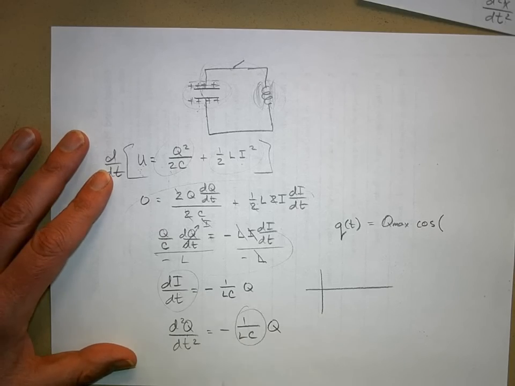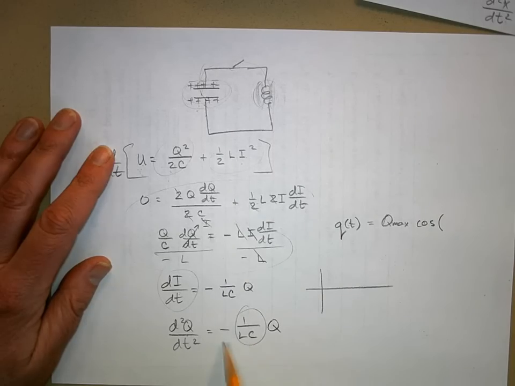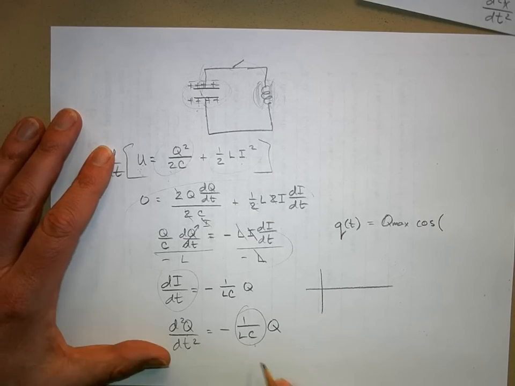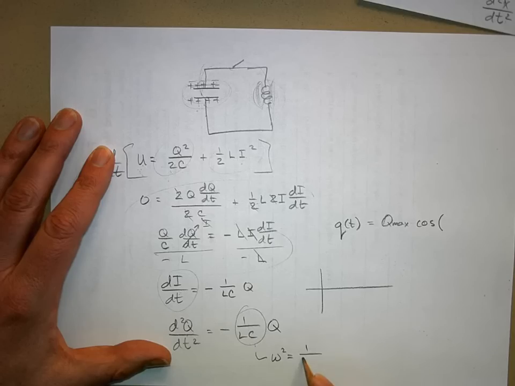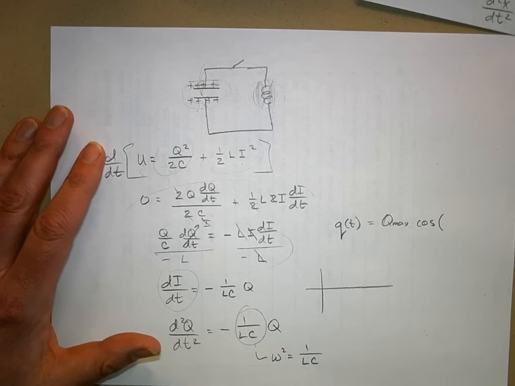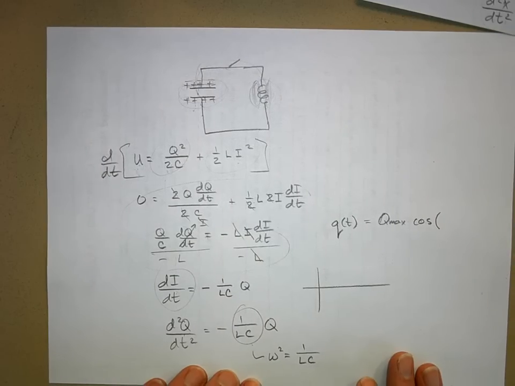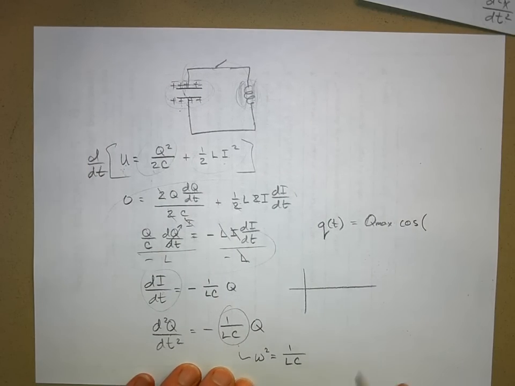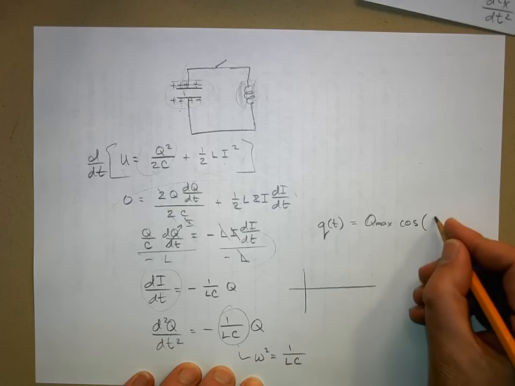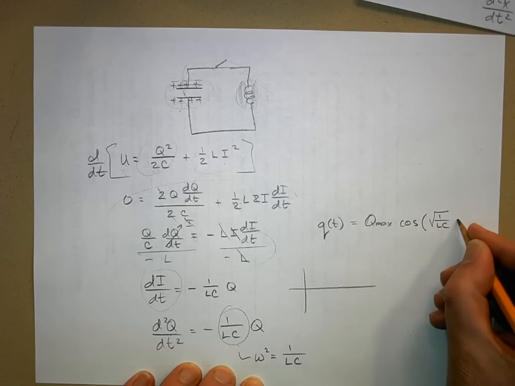Well, in simple harmonic motion, what is this constant equal to? Omega squared. So omega squared is equal to 1 over L times C. Now, if this is omega t, this is the square root of 1 over LC times t.